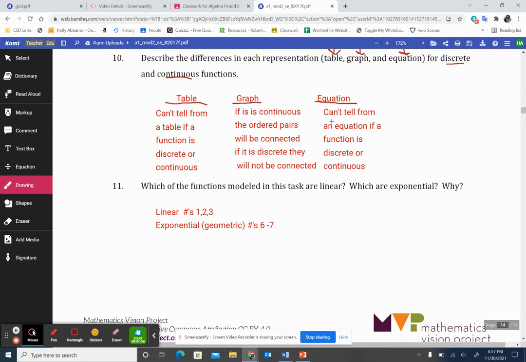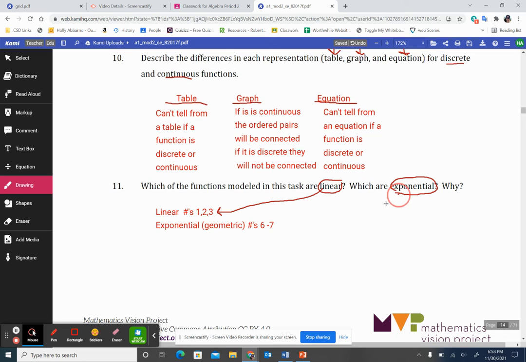Okay. Last question, and we made it through. Which of the functions modeled in this task are linear? That was problems 1, 2, and 3. The very first three about the books, those were all linear. And which were exponential or geometric?